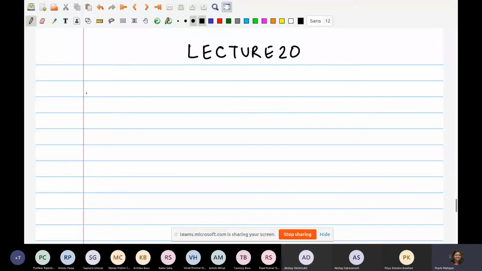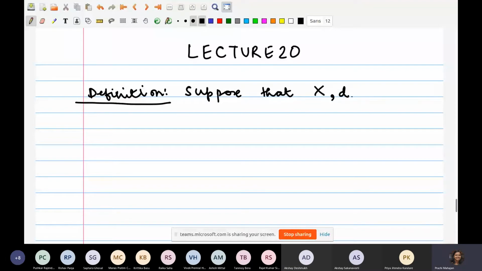All right. So the very first definition. I believe everybody here has seen limits at some point of time. What we are going to do is define limits for a function defined between two metric spaces. So suppose there are two metric spaces, (X, d_X) and (Y, d_Y).